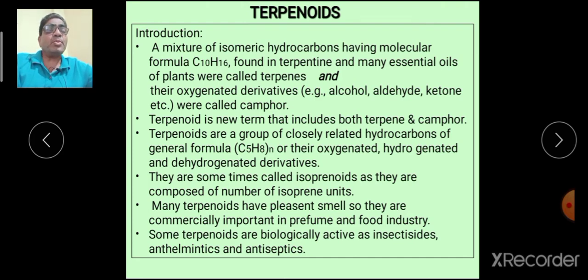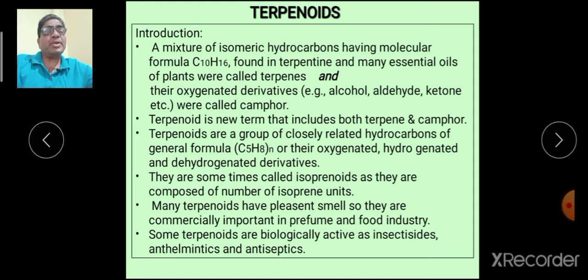Terpenoids are a group of closely related hydrocarbons of general formula (C5H8)n or their oxygenated, hydrogenated or dehydrogenated derivatives. They are also called sometimes isoprenoids, as they are composed of a number of isoprene units. We are going to see what this isoprene unit is next.